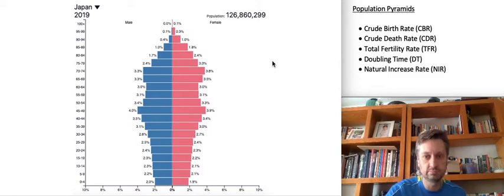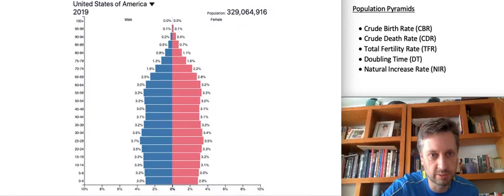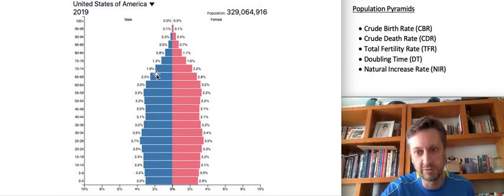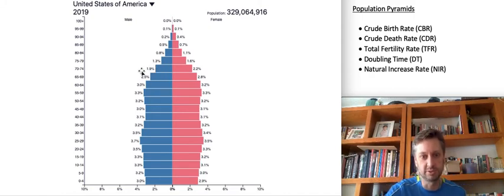Okay, that's about it. One thing I might have forgotten, if I just flip back to the US, there's a couple of bumps on this graph. One is this kind of generation between the ages of about 60 and 70. I would suggest that's the holdover from the baby boom generation, where the crude birth rate increased very rapidly for one generation.